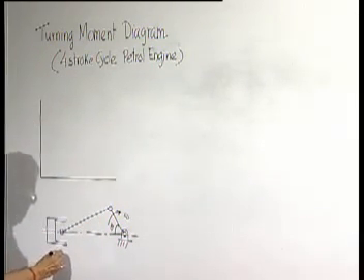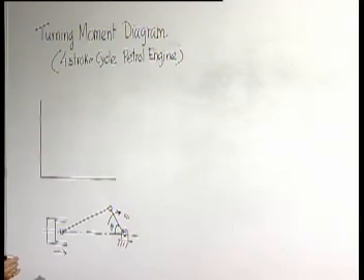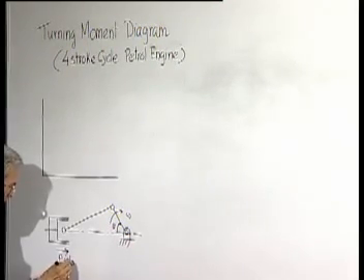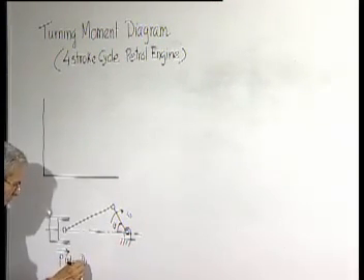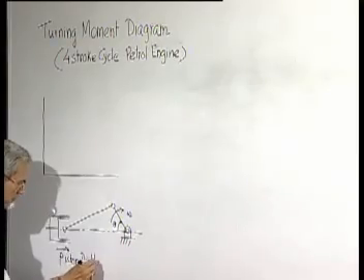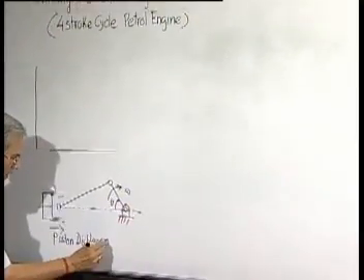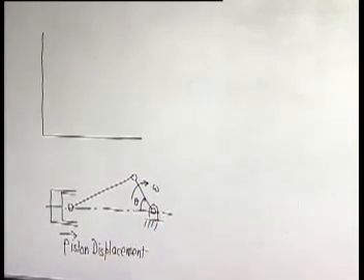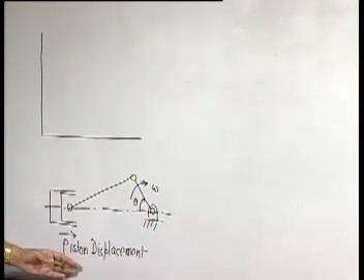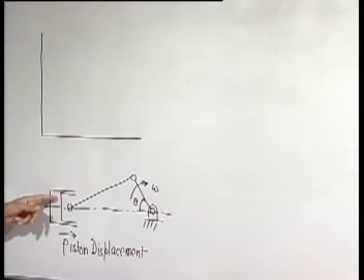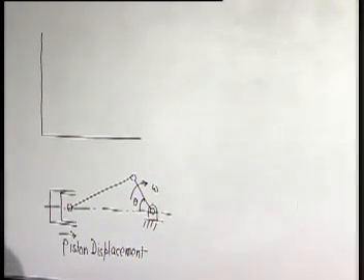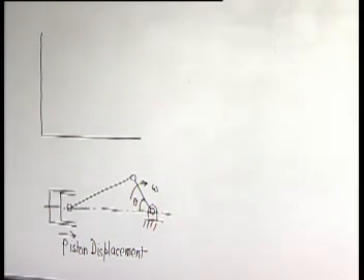Now the piston displacement is in this direction, and since the cross-sectional area of the cylinder is constant, this in a way also represents the volume of the gas inside. So actually the pressure and the volume, the PV diagram of a petrol cycle or Otto cycle, is how it looks.